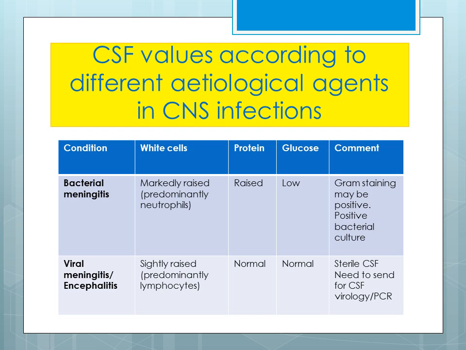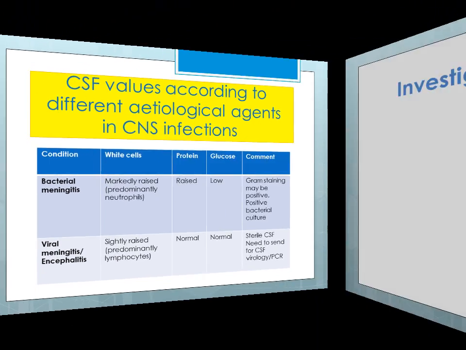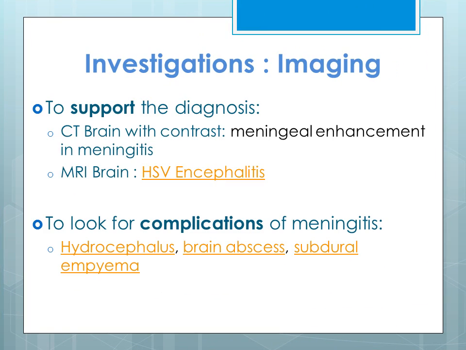Findings in viral meningitis are similar to encephalitis, in which case the white cell count is usually slightly raised with lymphocyte predominance. Both the protein and glucose are normal. Brain imaging either with CT or MRI is useful to support the diagnosis of CNS infections.